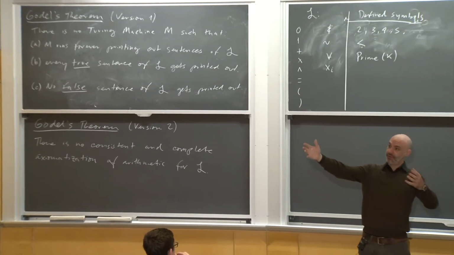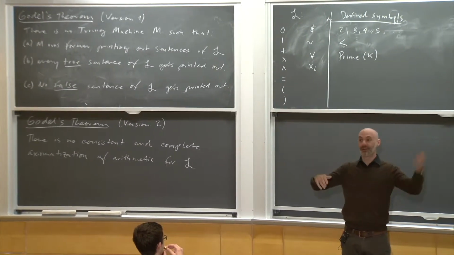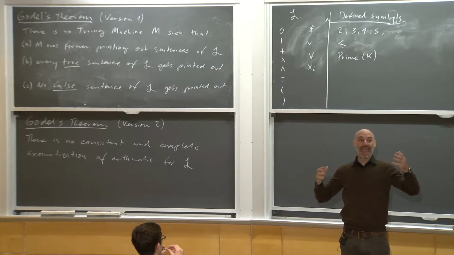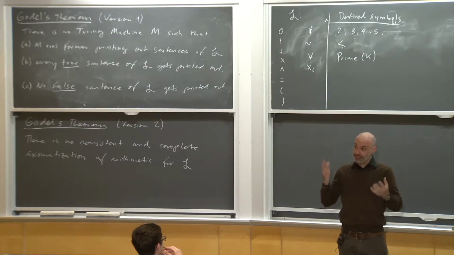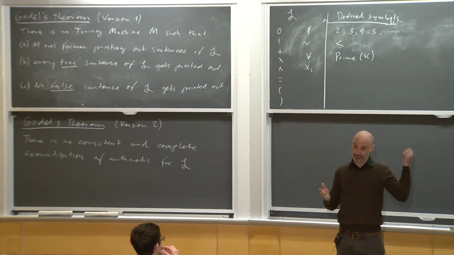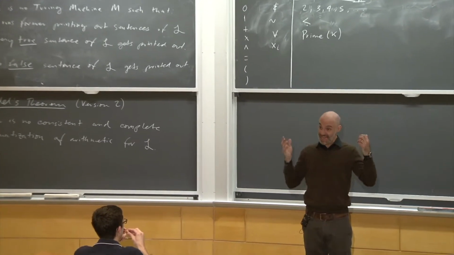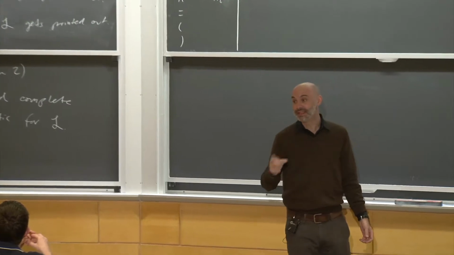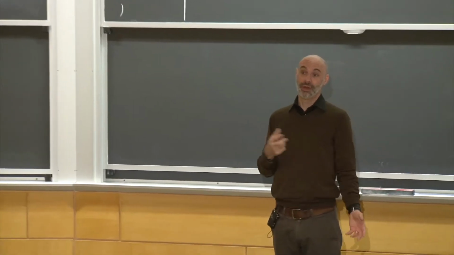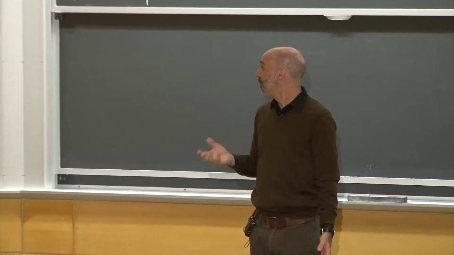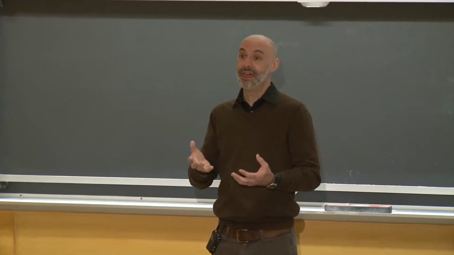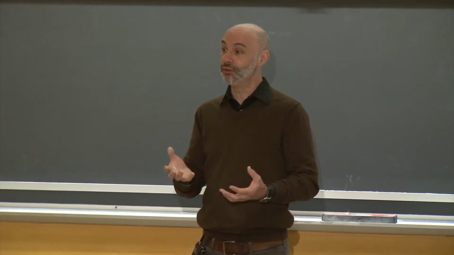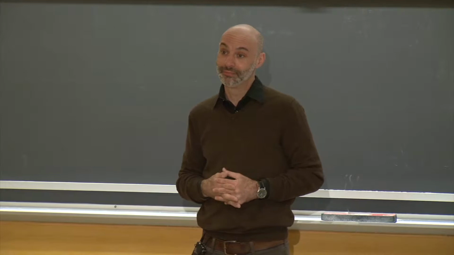It runs forever, printing out sentences of our language L. Eventually, every truth gets printed out, every true sentence of L. And it never happens that our Turing machine prints out a false sentence of L. So in other words, there is no Turing machine that is able to produce all and only the arithmetical truths.